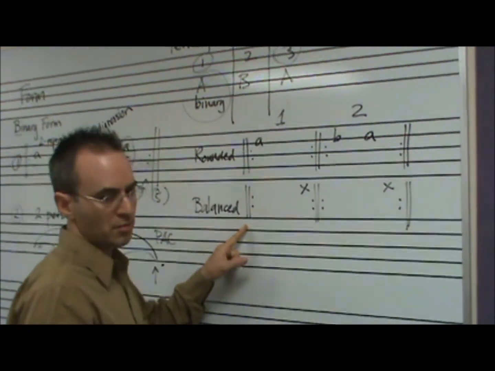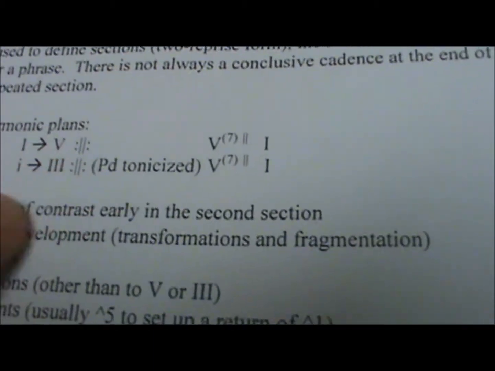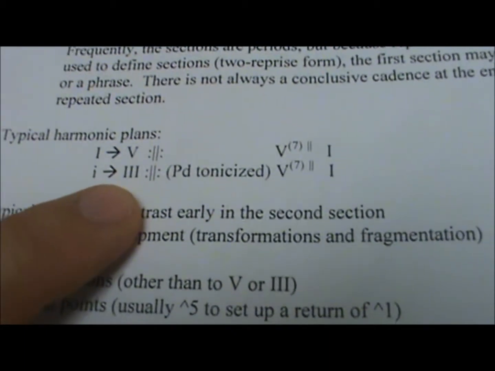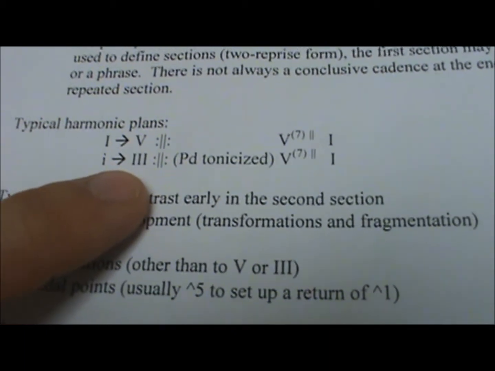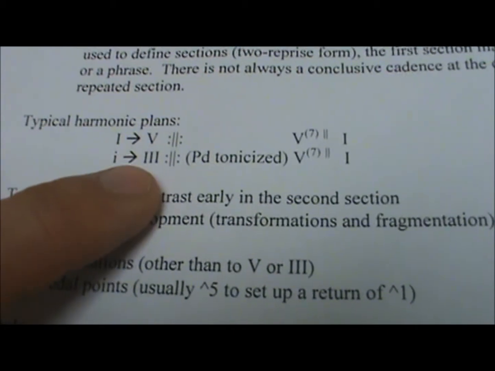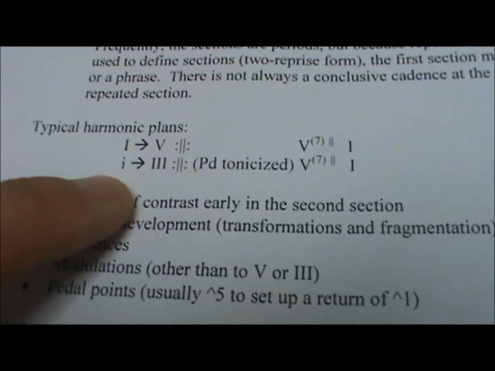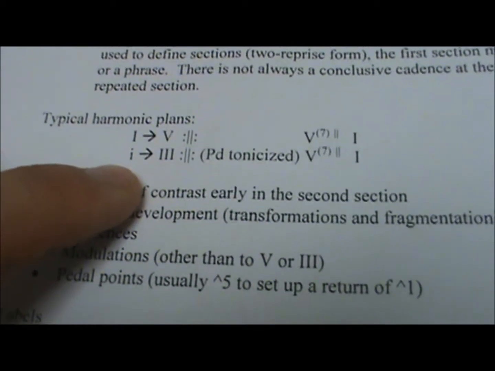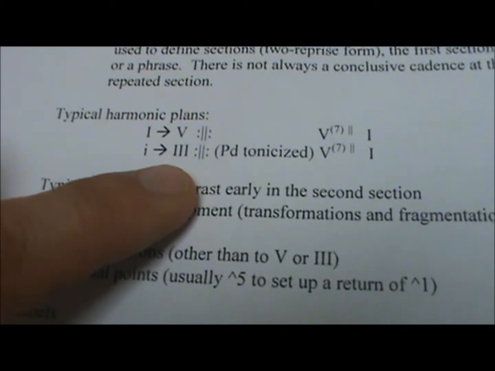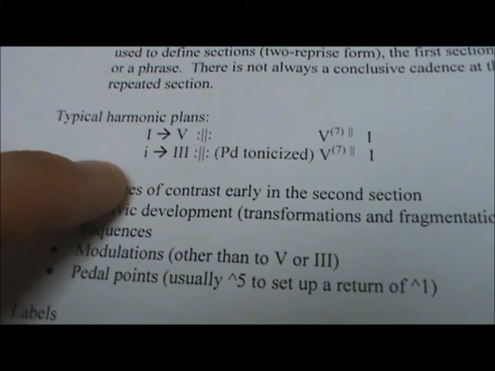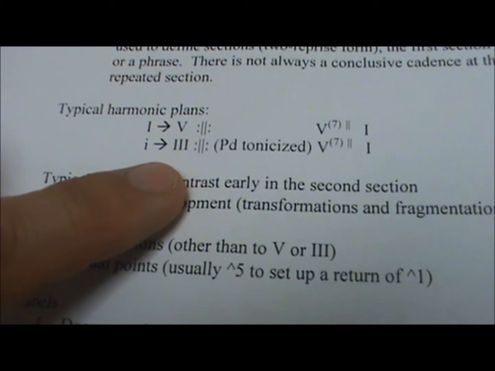You can see on the harmonic plans on that sheet, up here, typical harmonic plans, that it's very common to modulate in the first section. They don't always, but if it does modulate, the two places to go are to 5 or to 3. Actually, if you're in minor, there are two possibilities. 3 is most common, so if I'm in C minor, I might go to E flat major.